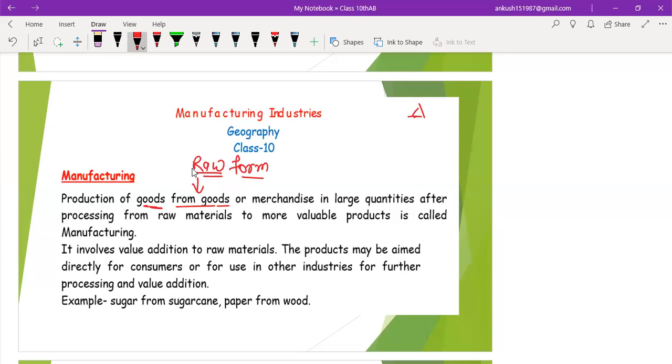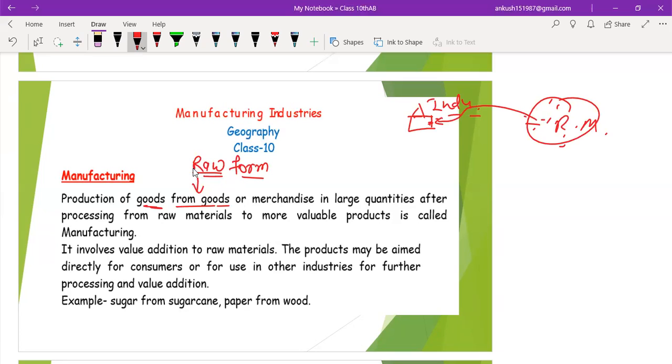Suppose there is an industry over there, and from the field the raw material would be transported to the manufacturing unit. The manufacturing unit would manufacture another product or goods from that particular raw material. This is raw material, this is industry.